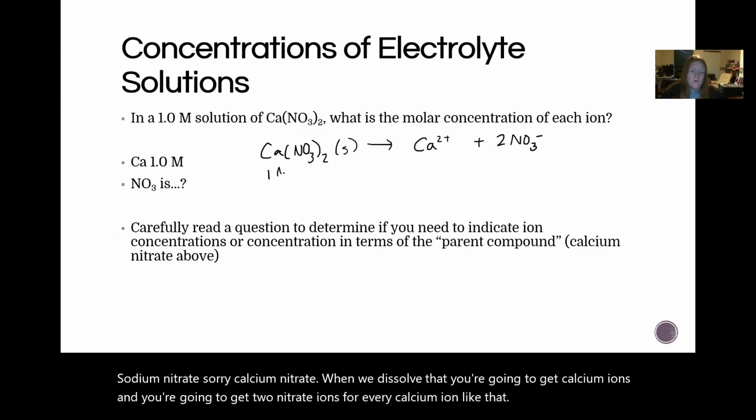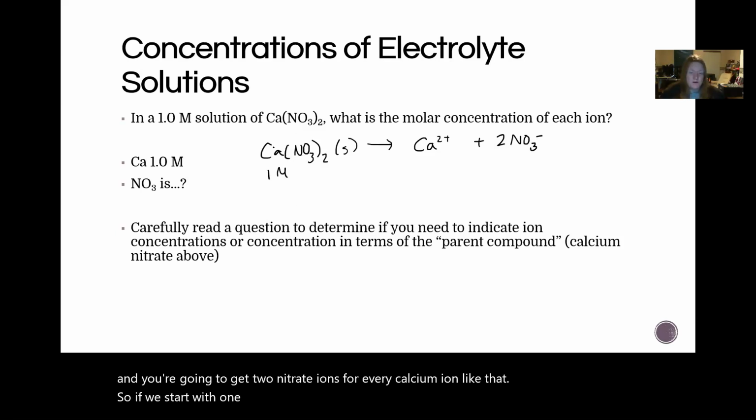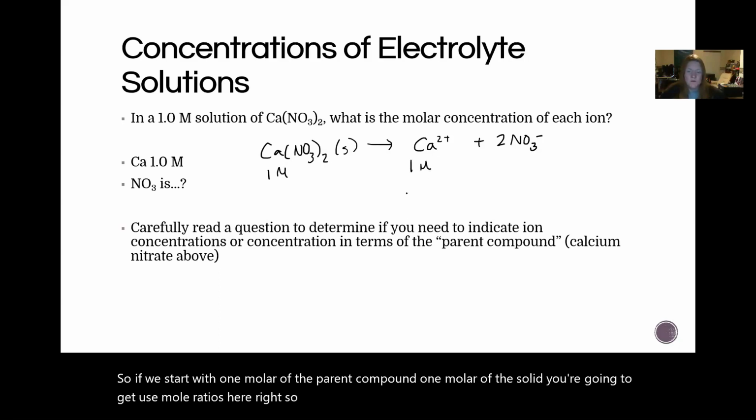So if we start with 1 molar of the parent compound, 1 molar of the solid, use mole ratios here, right? So there's also 1 molar of calcium ion, but there's not 1 molar nitrate, right?